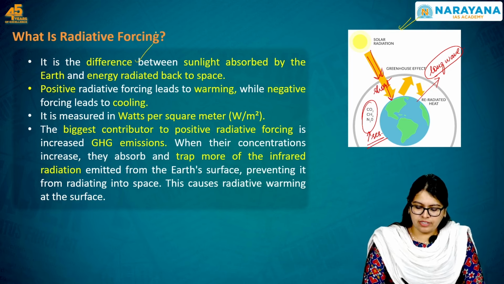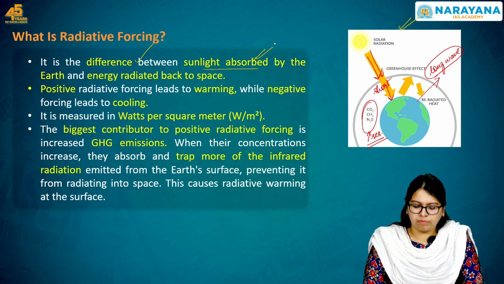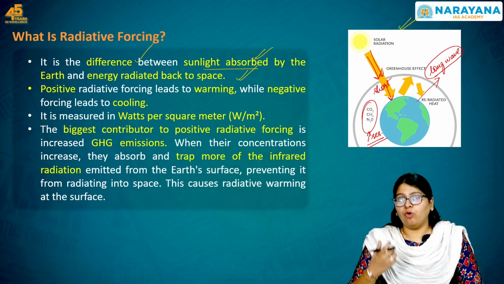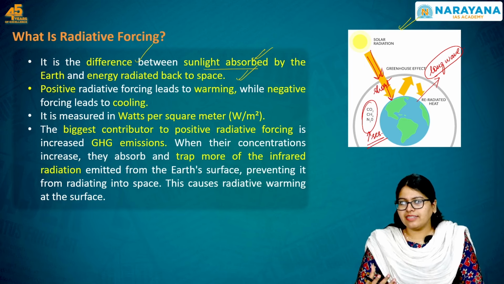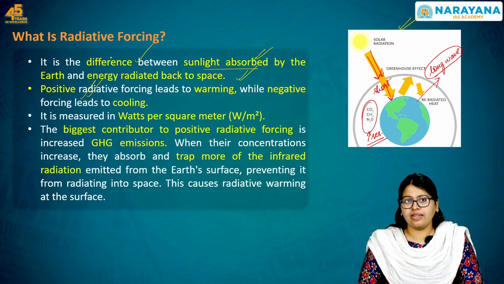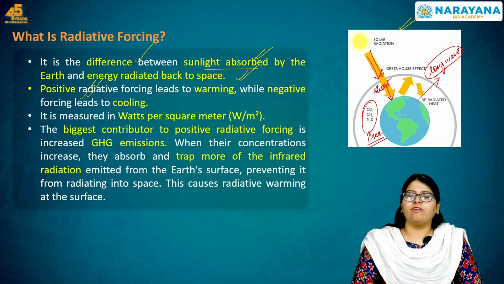So it is the difference between the sunlight that is absorbed by the earth and the energy that is re-radiated back to space. And here it is of two types. When more is absorbed and it causes increased heating, it is called positive radiative forcing, which also means that there is an increased presence of greenhouse gases.